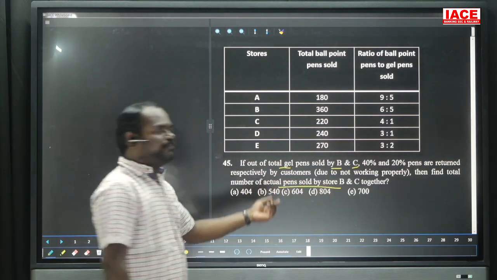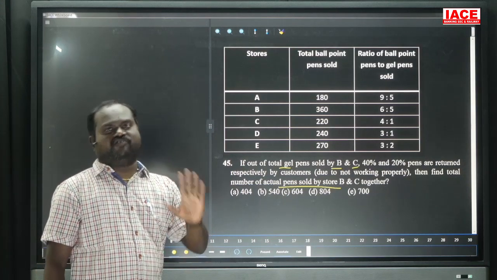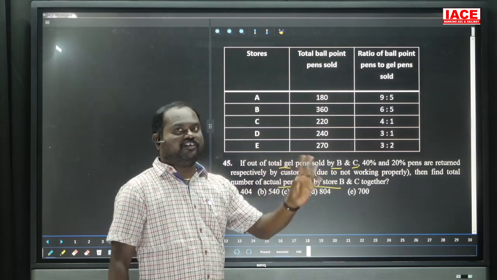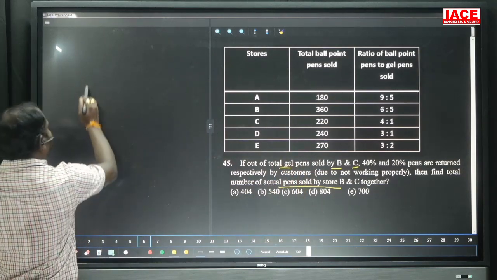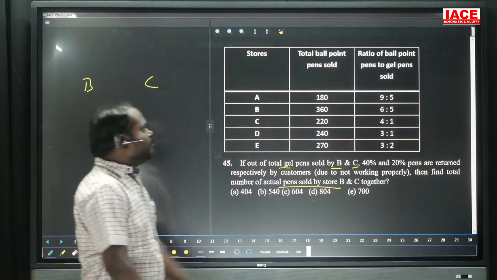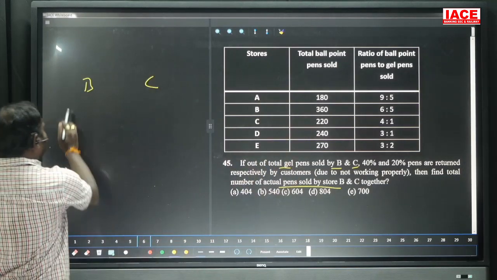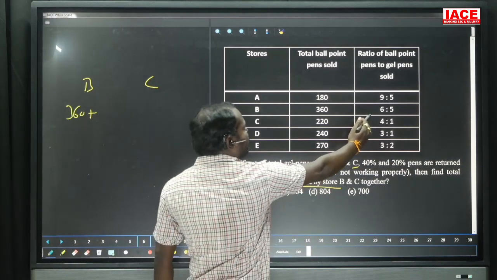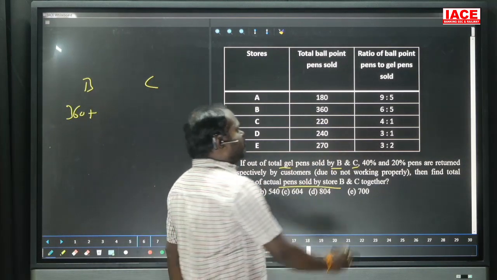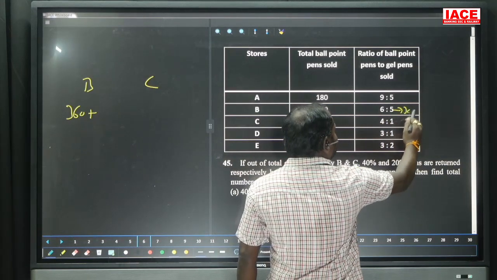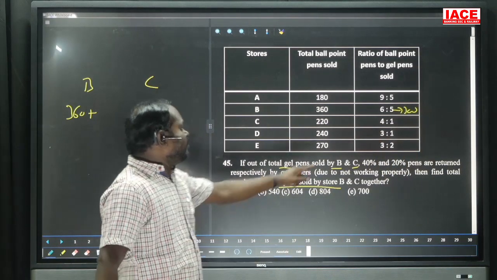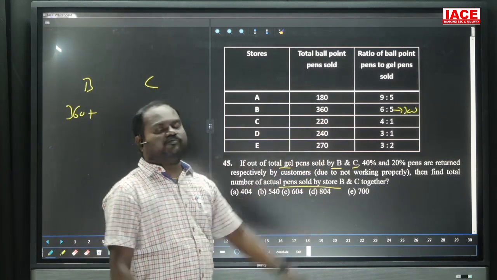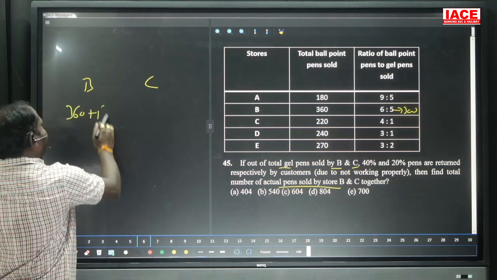Actual pens means ballpoint pens as well as gel pens, and only gel pens are returned. For B, the ballpoint pens are 360, and with gel pens, 6 parts is 360, so 1 part is 60 and 5 parts will be 300. But 40 percent are returned, so 60% remains. 60% of 300 is 180.